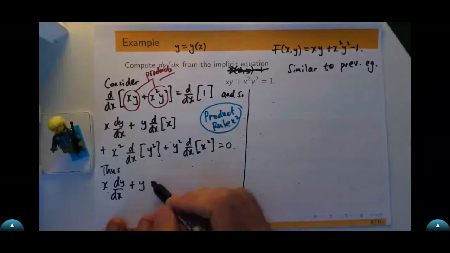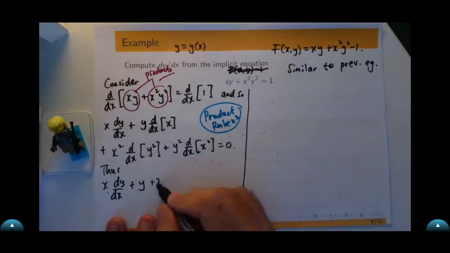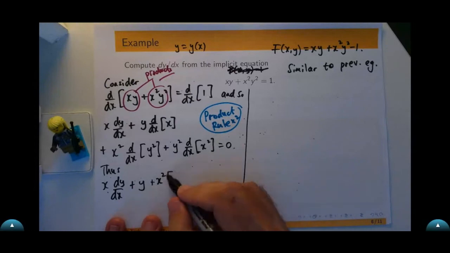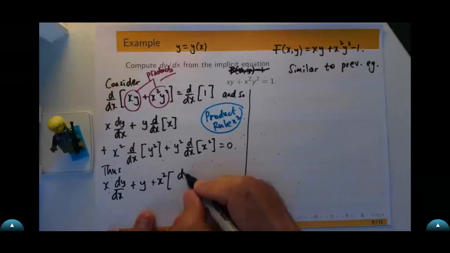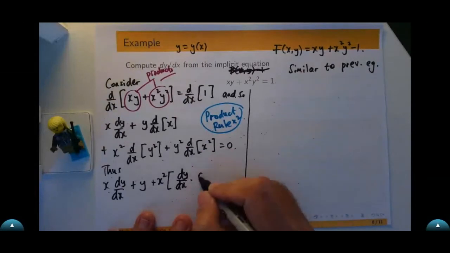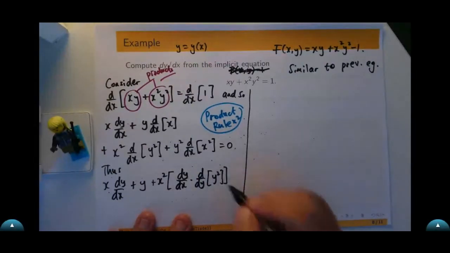Sweet. The derivative of this, well, that's going to be more difficult. The derivative of this is just 2x. So let's work this out. Yeah, I can do that. So it's going to be dy dx times d dy of y squared.